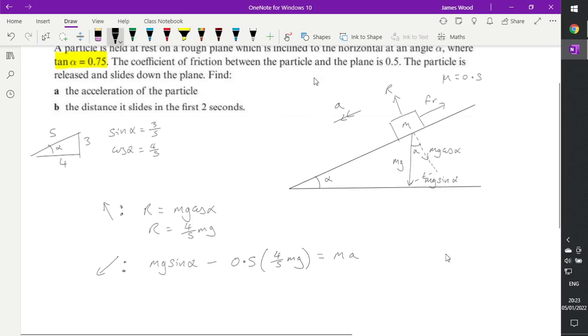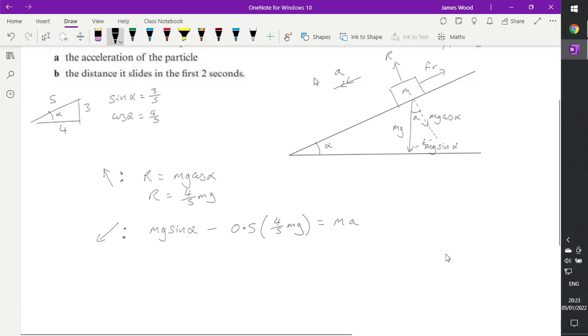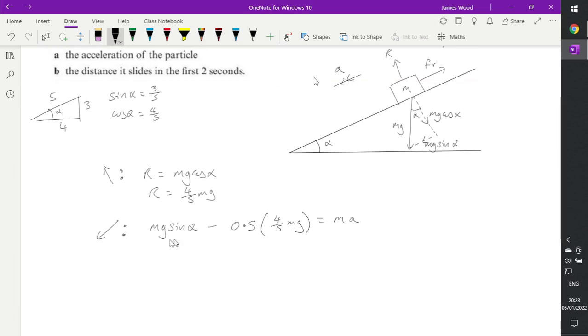In all the problems we did the last couple of lessons, it's always been equal to 0 because it's been in equilibrium, but now it's accelerating, so we can just equate it to ma. Now at this point you can see why it doesn't matter that we're not given the mass. We can divide everything through by m. So we've just got g sine alpha.